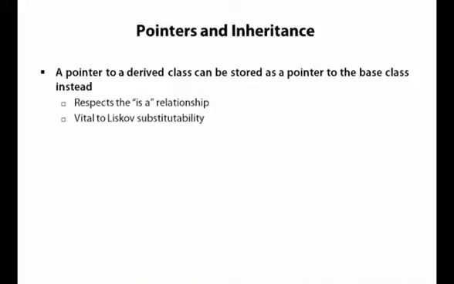Pointers are straightforward when the objects that you have a pointer to are just flat objects with no base class. So far you've seen pointers to integers, to person, to resource. When you have an inheritance hierarchy, then you have to understand the rules around pointers to a base class and pointers to a derived class.